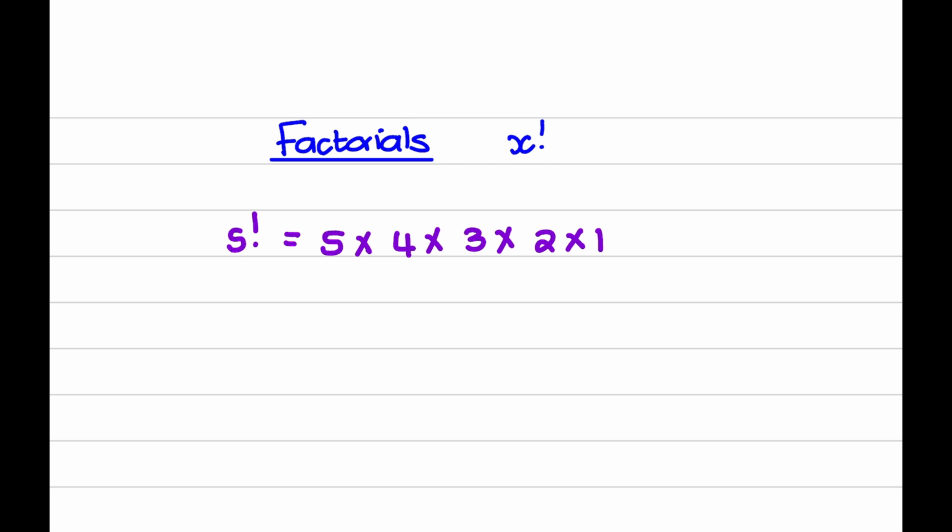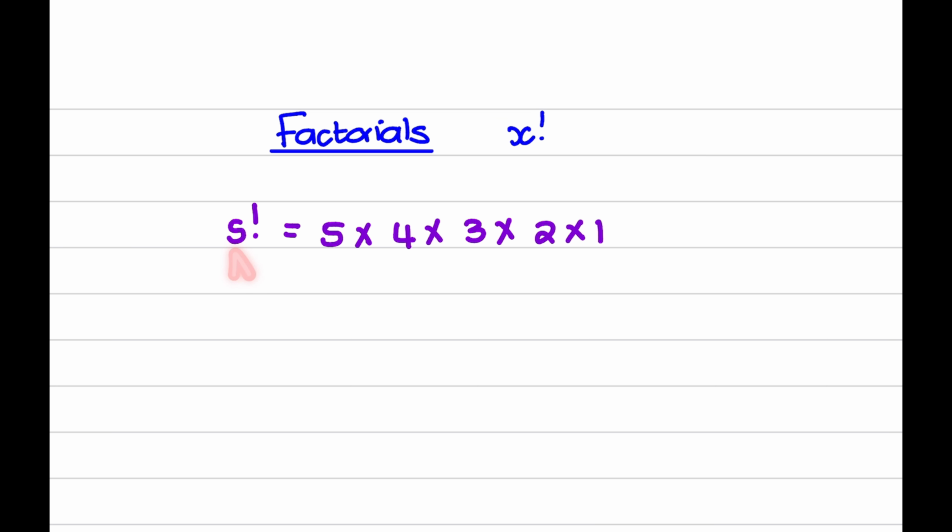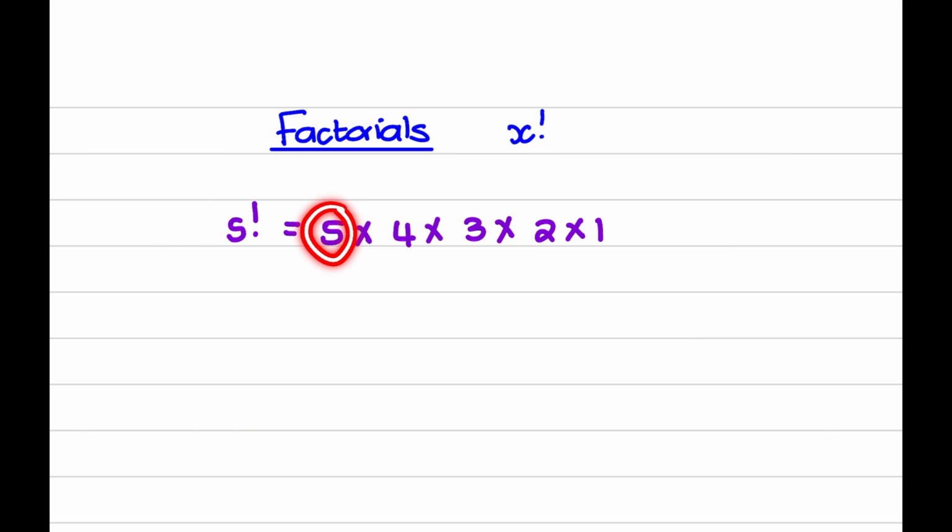So quickly grab your calculator. I want to show you something on it. So for factorials, we use X exclamation mark, where the exclamation mark means multiplication. And look what happens. If I say 5 factorial, remember the example of 5 pencils, it will be 5 times 4 times 3 times 2 times 1.